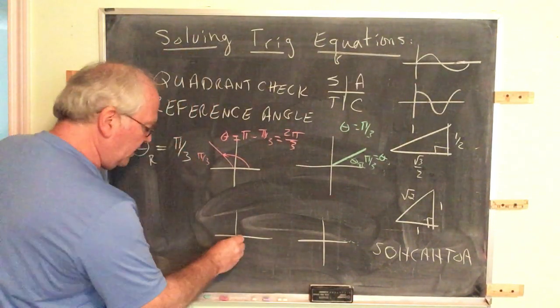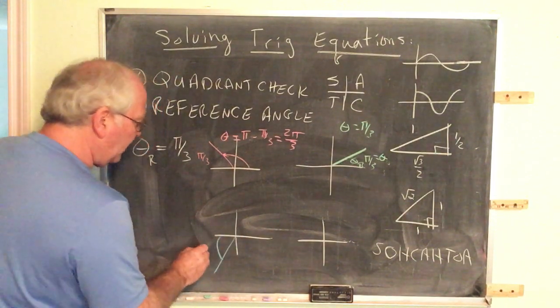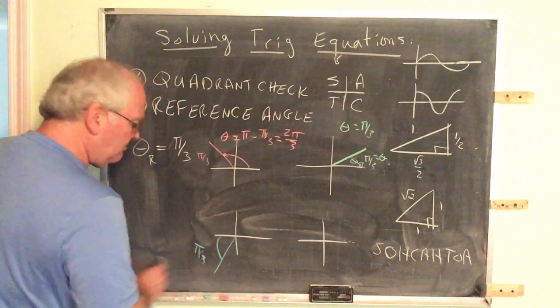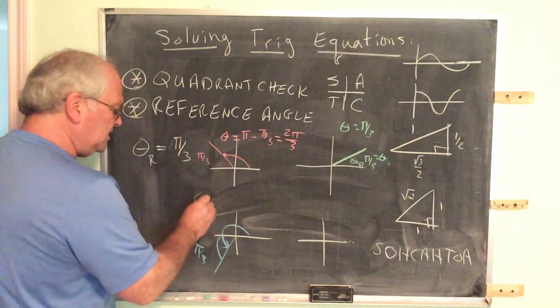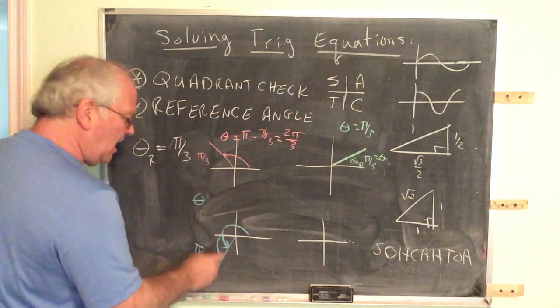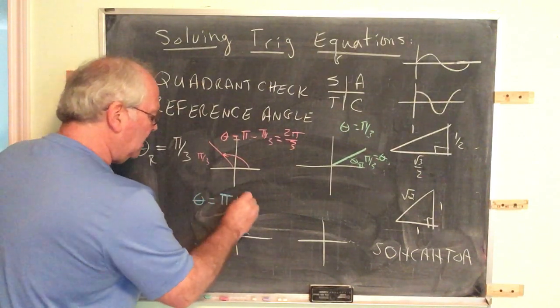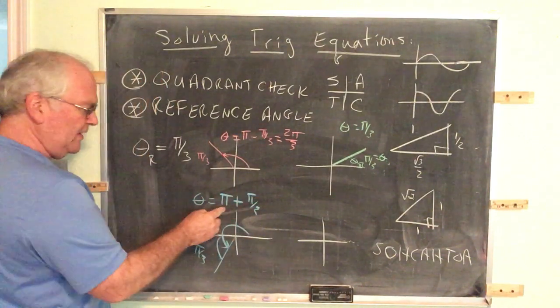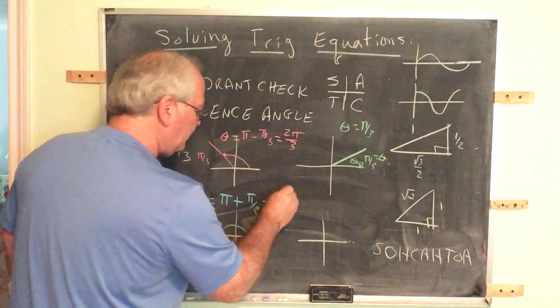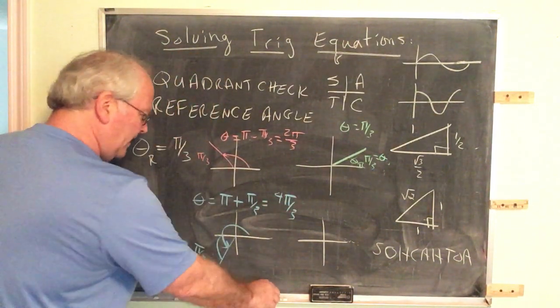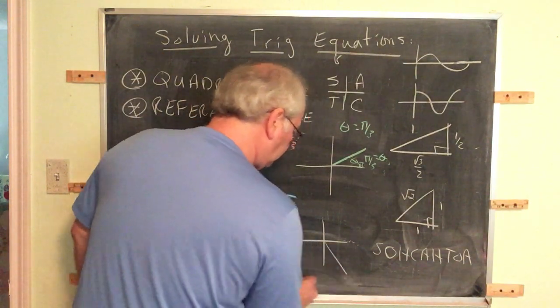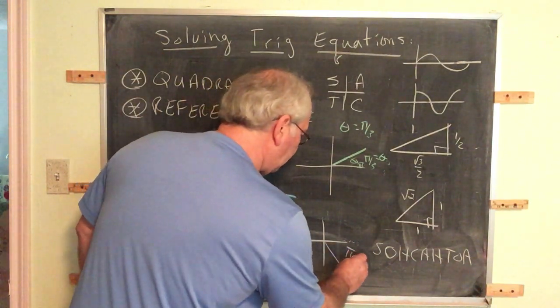In quadrant 3, there is pi over 3. We now want that piece, right? So this is theta, this is pi add on, so this is pi plus pi over 3. 3/3 plus 1/3 is 4/3 pi.